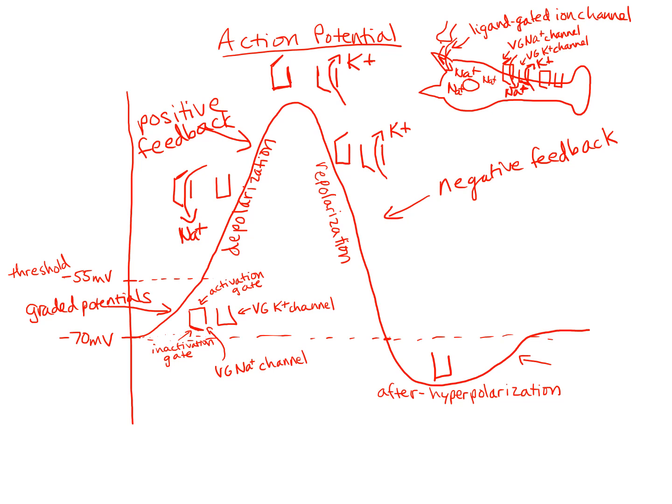So you're going to get even more negative than the minus 70 millivolts. And then your voltage-gated sodium channel is actually going to reset here. So we're going to reset the gates to the original form of what they were.